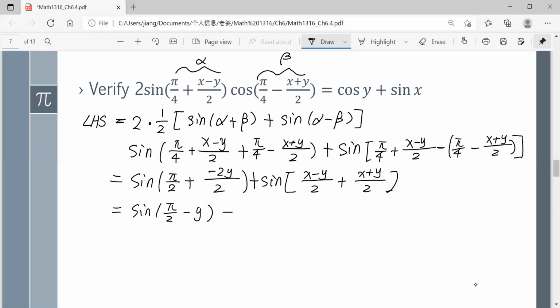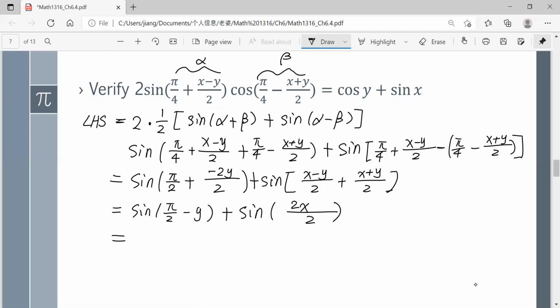Minus y plus sine, the same denominator, add the tops together. X plus x is 2x. Minus negative y or minus y plus y is 0.